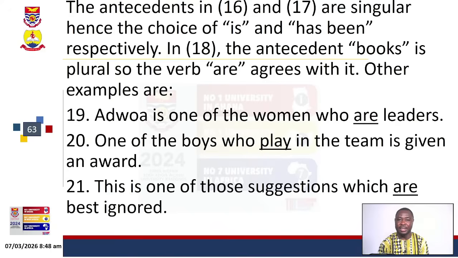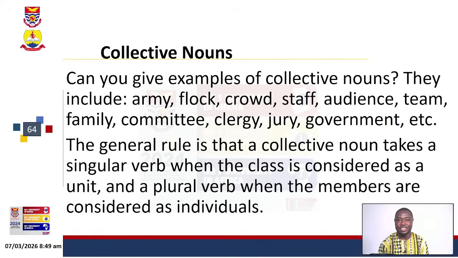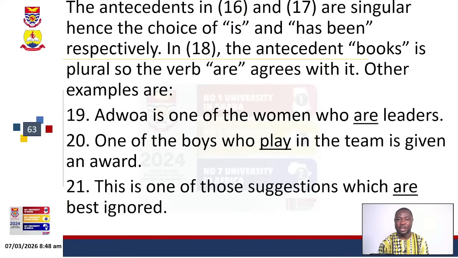Now if you look at 19, Ajua is one of the women who are leaders. One of the boys who play in the team is given an award. 21. This is one of those suggestions which are best ignored. Okay? Now we can tell that the antecedent of the relative pronoun who is women or the women.